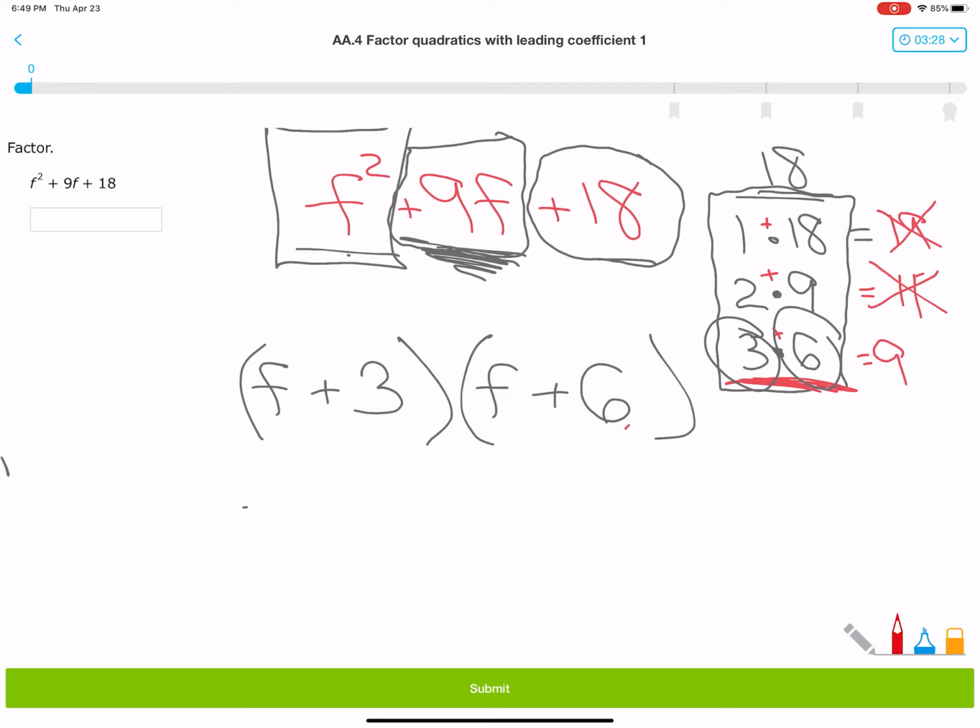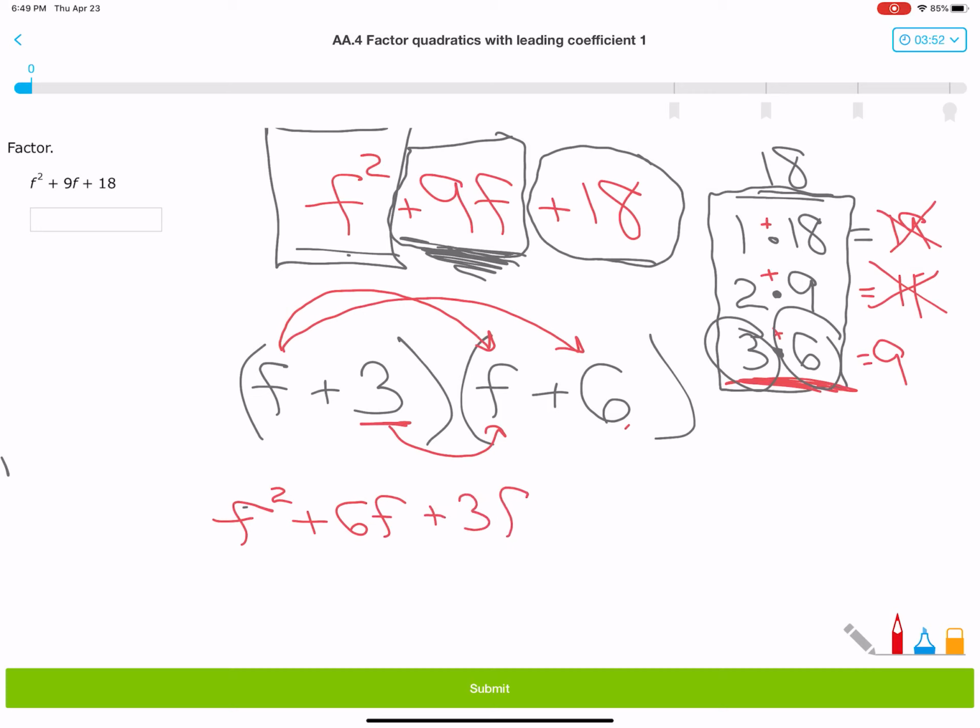To check your answer and see if we did this correctly, you just use FOIL, which we have done. F times F gives me F squared. F times 6 gives me a positive 6F. Now I start with the 3. 3 times F gives me a positive 3F, and 3 times 6 gives me a positive 18.